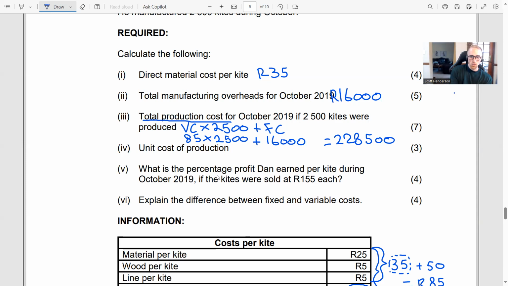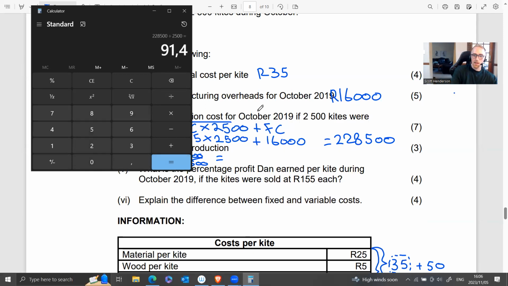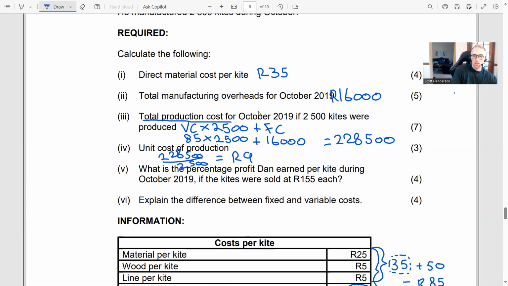Well, that will be the 228,500 divided by the number of units produced, 2,500, which equals 91 Rand and 40 cents. So let's write here, the total cost of production per unit is 91 Rand and 40 cents.